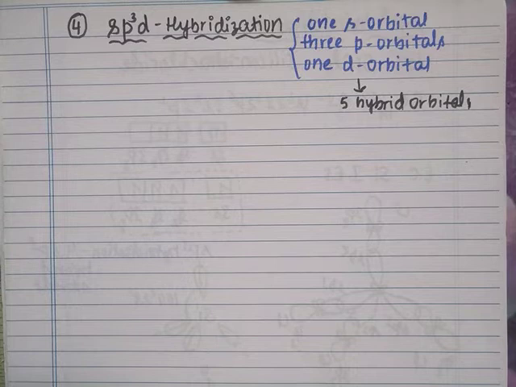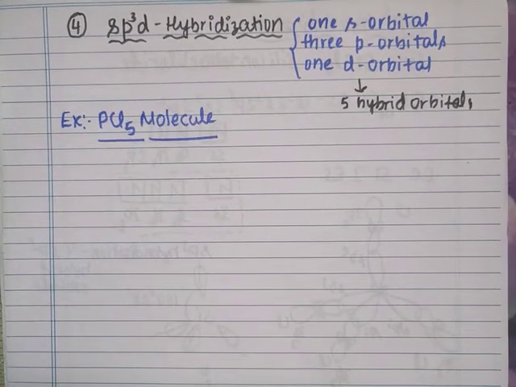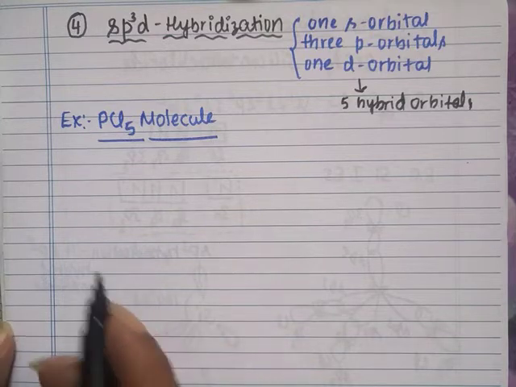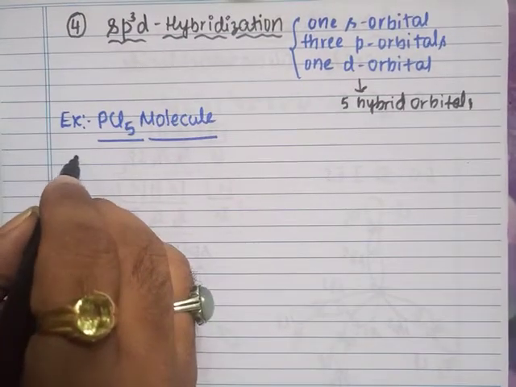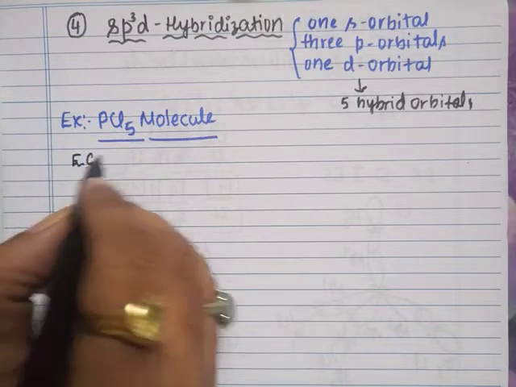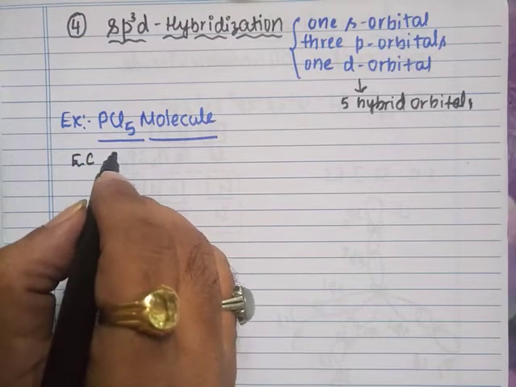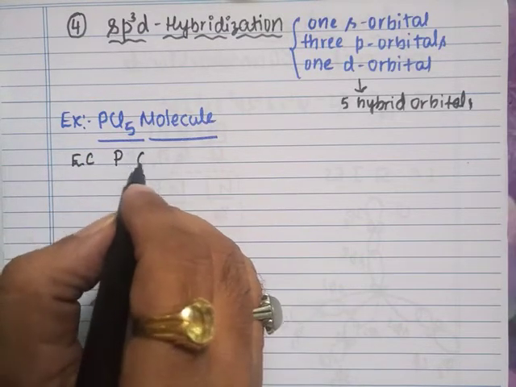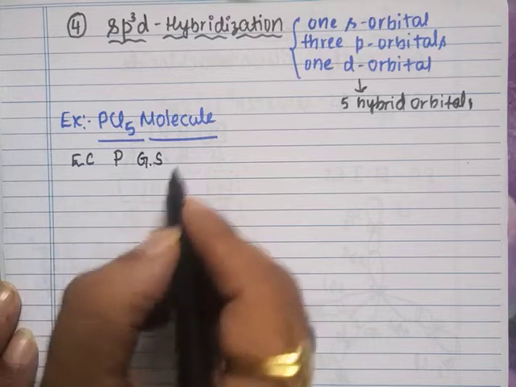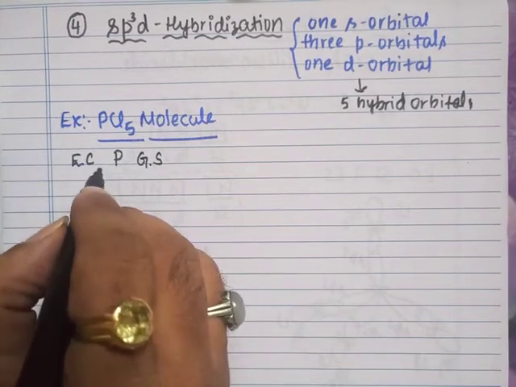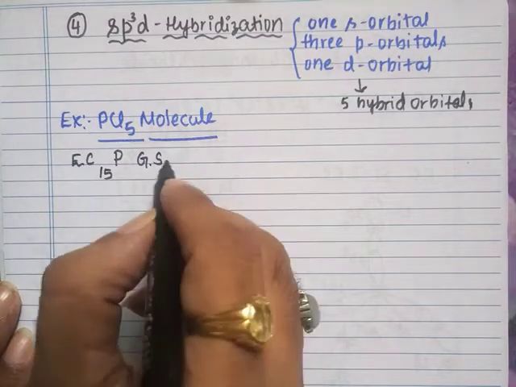Let us explain sp3d hybridization by taking the example of the PCl5 molecule. Let us explain the formation of the PCl5 molecule. The electronic configuration of phosphorus in its ground state: the atomic number of phosphorus is 15.